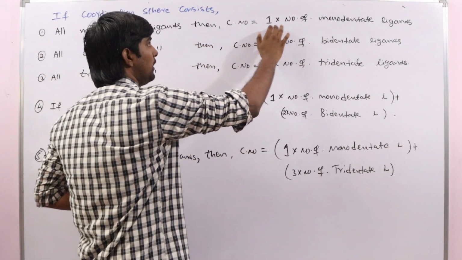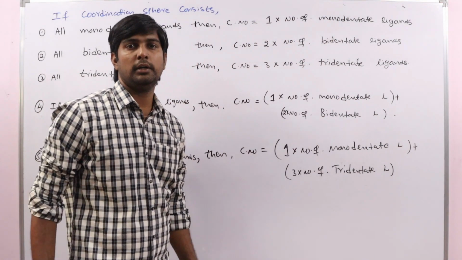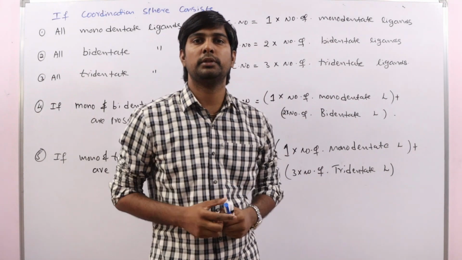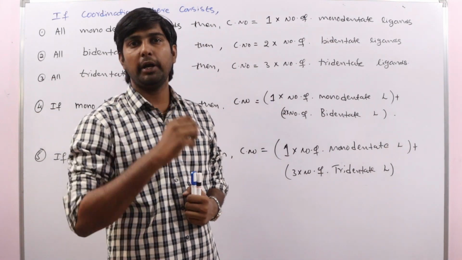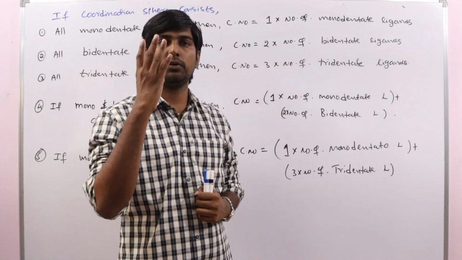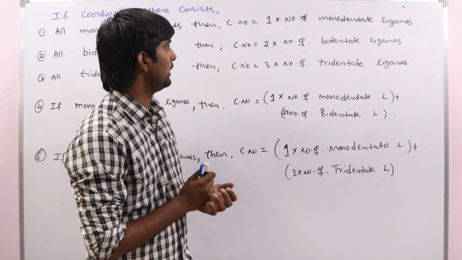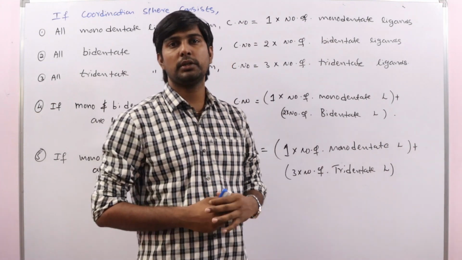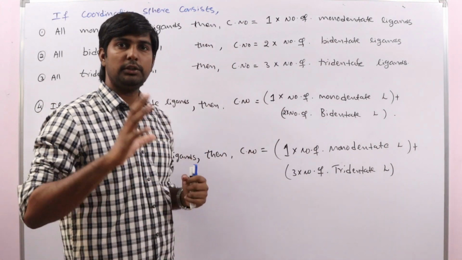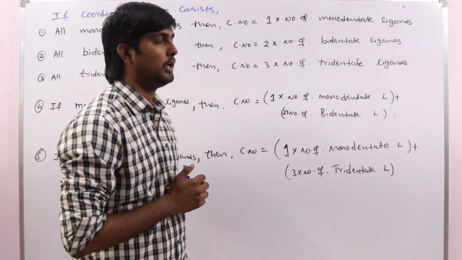As we have seen in the 2 examples: in the first complex, 4 amines are bonded, so coordination number is 1 into 4, because amine is a monodentate ligand. In the second example which we discussed, 6 chlorides are bonded to the platinum.